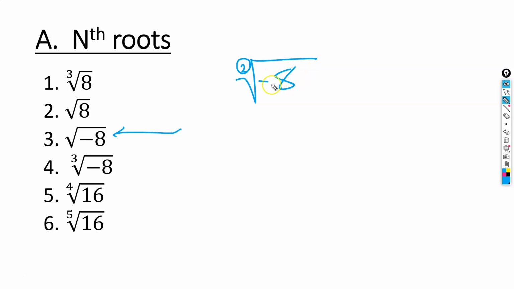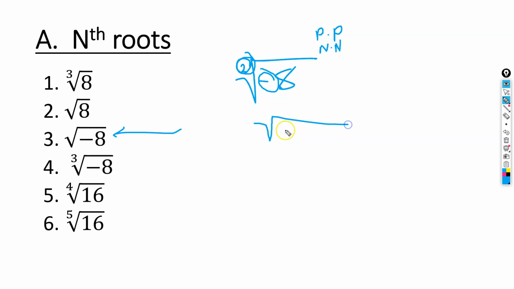And here's the problem when you have a negative. You can't ever multiply a number by itself and get a negative out of it. Because if you're multiplying a number by itself, then either you're doing a positive times a positive, which is positive, or you're doing a negative times a negative, which is also positive. So it's impossible to multiply a number by itself twice to get a negative number.